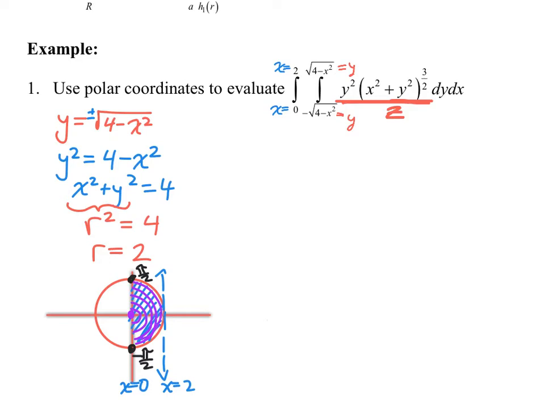But I'm restricted based off of the x values so that I can only be living in the interval between negative pi over 2 and pi over 2.